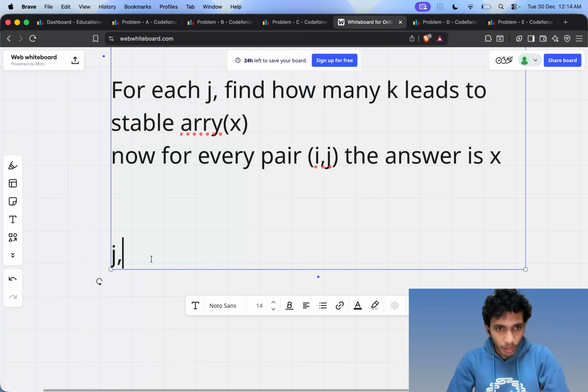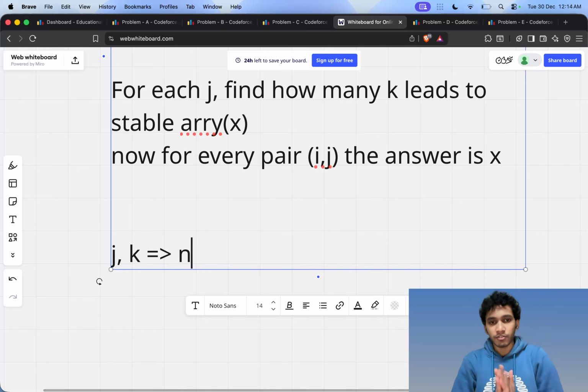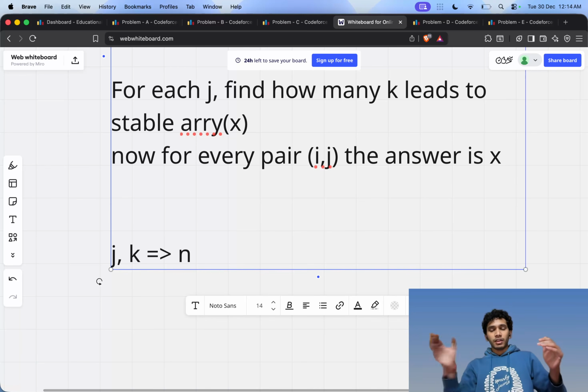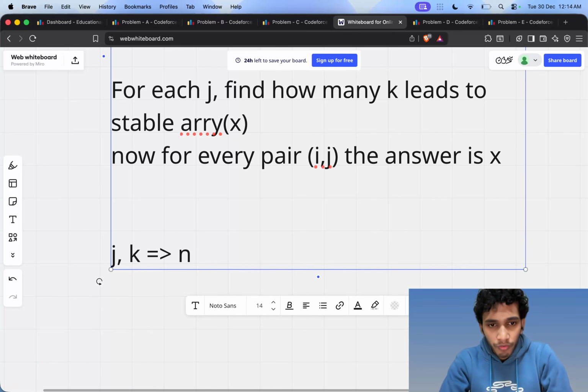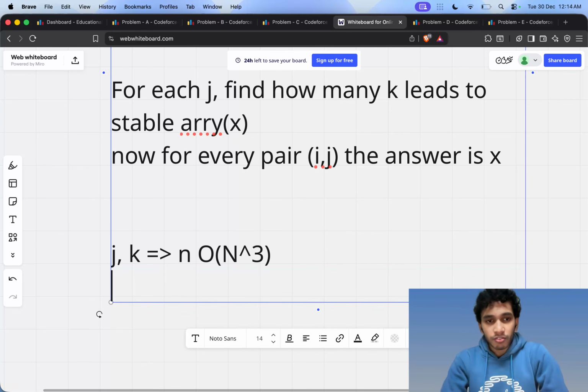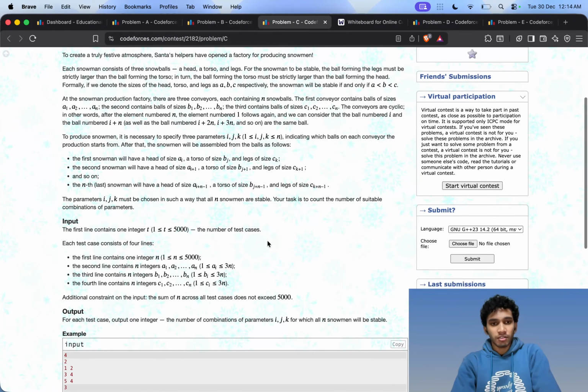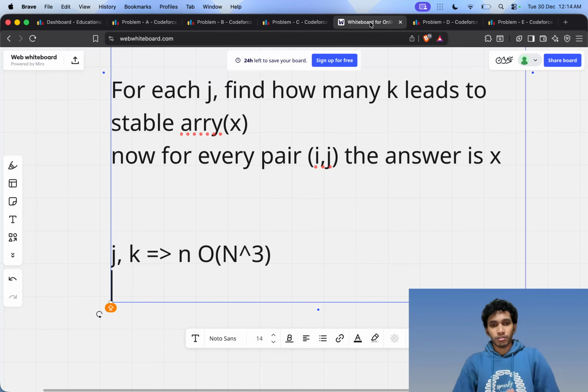If we iterate over all j and all k, and then there are n snowballs, and we check whether this particular order gives us stable snowballs, then it will be an O of n cube solution. All right, which is not optimized to pass under this constraint. So we need to optimize this a little bit.